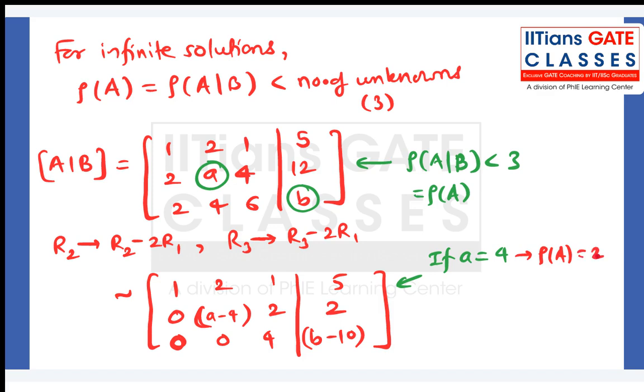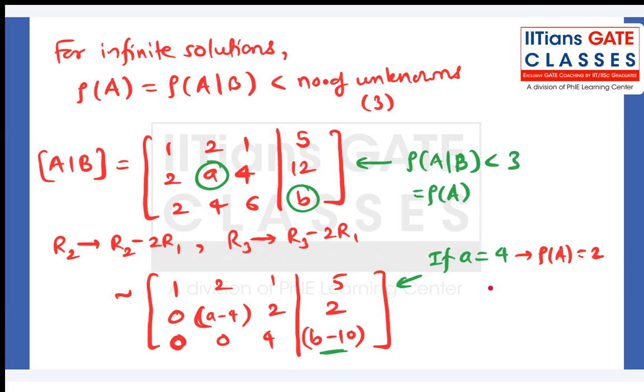And if B is also equal to 10, so this part I'm talking about now. So in that case, what happens? No, it cannot be 10. It should be 14, right? Okay, we'll take one more step and then you'll understand what I mean.